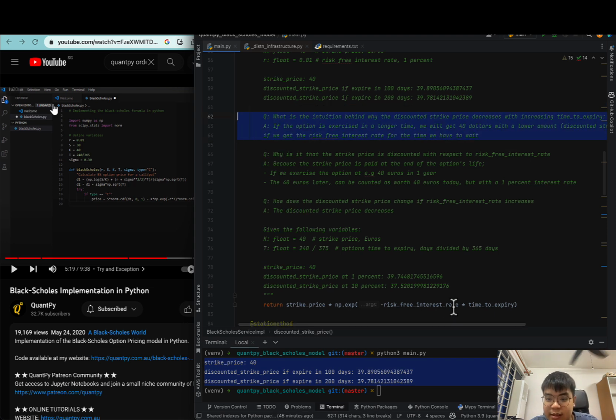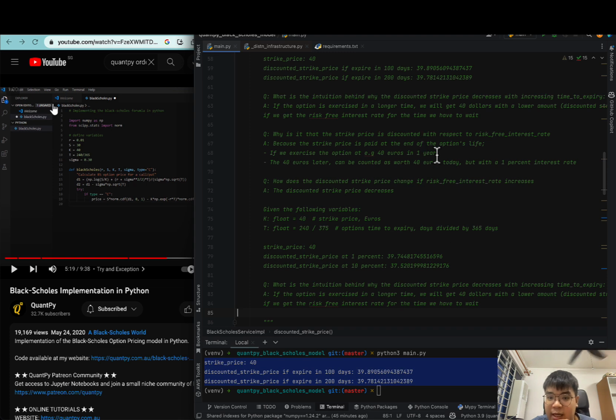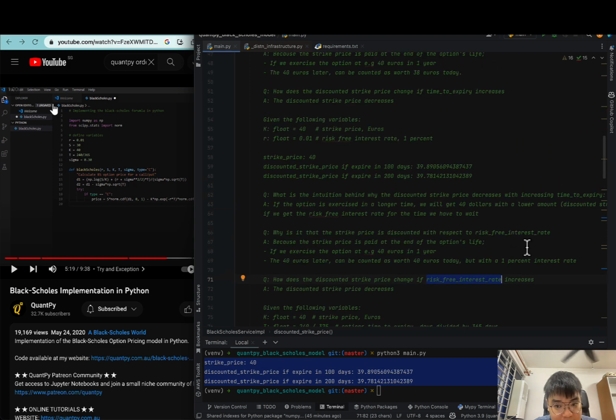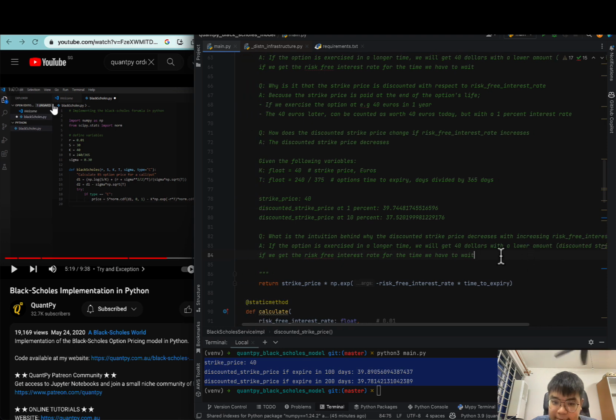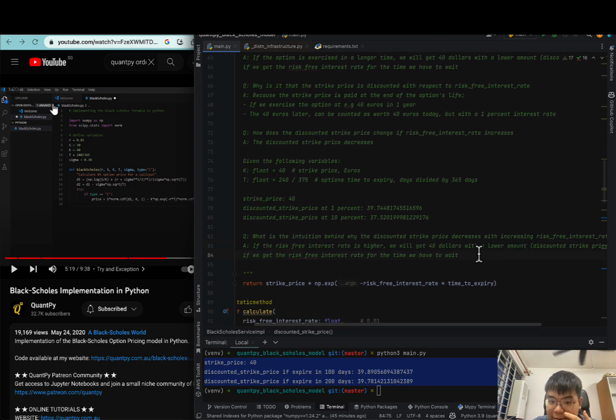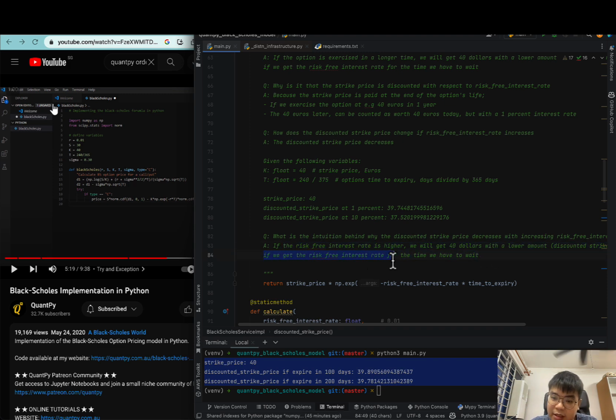For the intuition behind why the discounted strike price decreases with increasing interest rates: if the interest is higher, we will get $40 with a lower amount discounted strike price, if we loan out the money we have for exercising the option for the time we have to wait.